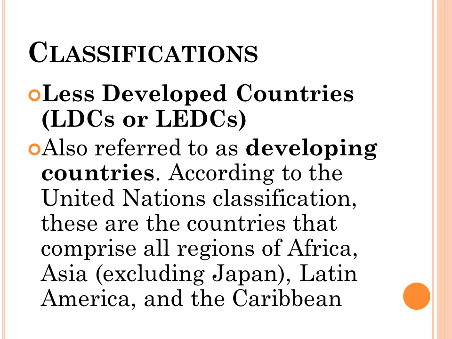So what is a developing country? A developing country, or less developed country, LDC or LEDC, is basically most of the global south. These countries are all the regions of Africa, most of Asia, apart from Japan, most of Latin America and the Caribbean.